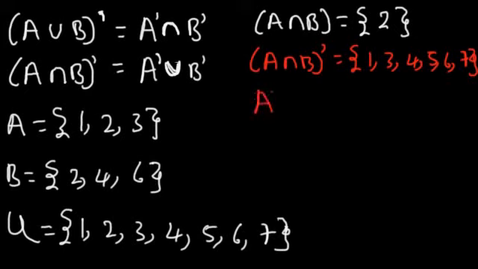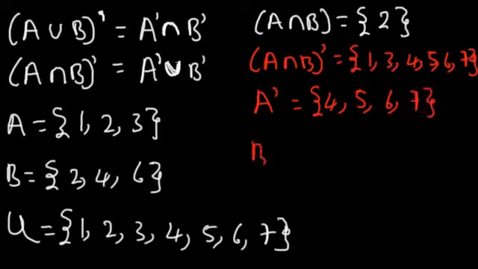A prime or A complement is simply the elements that are not in set A but in the universal set. That should be 4, 5, 6, 7. Now B prime is elements that are not in set B but in the universal set. So that should be 1, 3, 5, 7, 8.